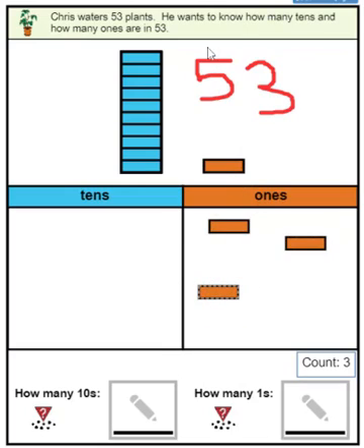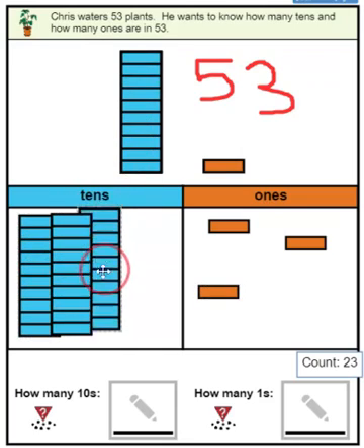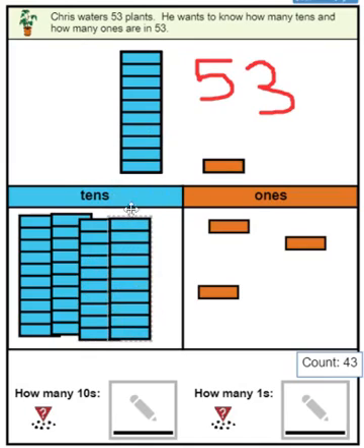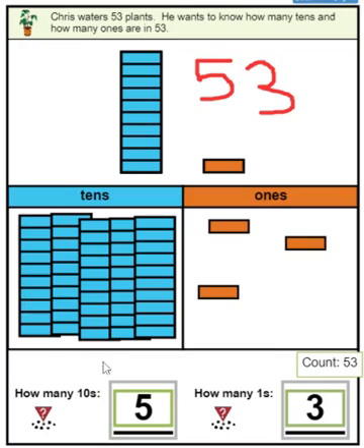Looking here, I have 5 tens. 1, 2, 3, 4, 5. I have 5 tens and I have 3 ones. Counting my tens, 10, 20, 30, 40, 50, plus 3 ones is 53.